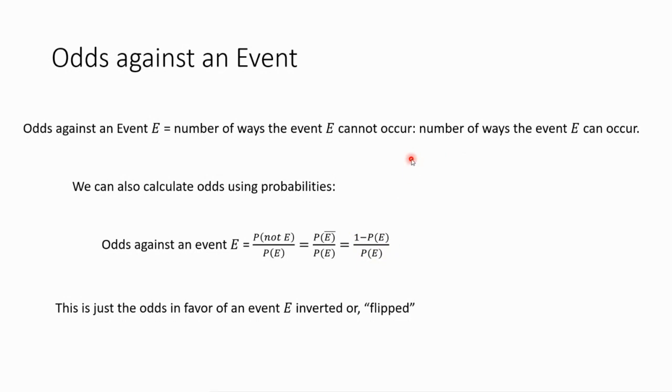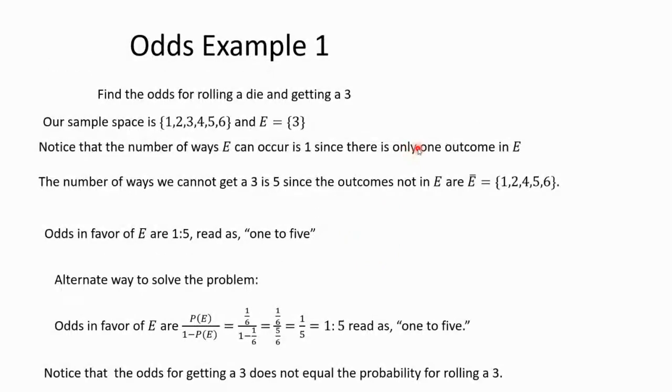Okay. So here's our first example now. Let's find the odds for rolling a die and getting a 3. Now, it's a standard 6-sided die. We have seen the sample space before. It's the outcomes 1, 2, 3, 4, 5, 6.